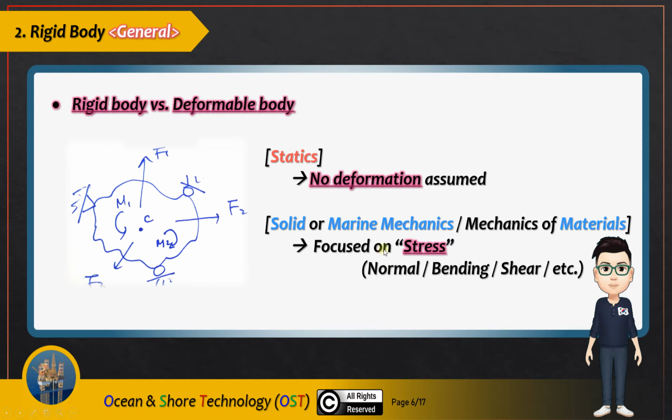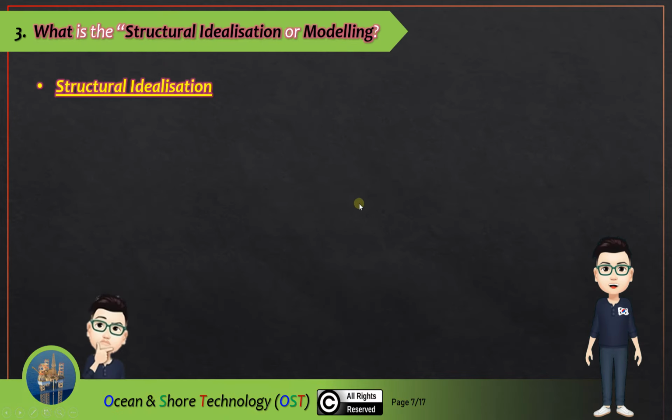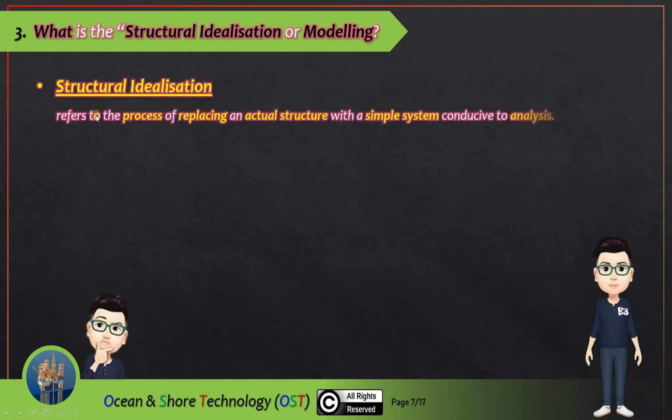So for the first step, structural idealization, or simplification, is required. So let's look at it. Structural idealization refers to the process of replacing an actual structure with a simple system.